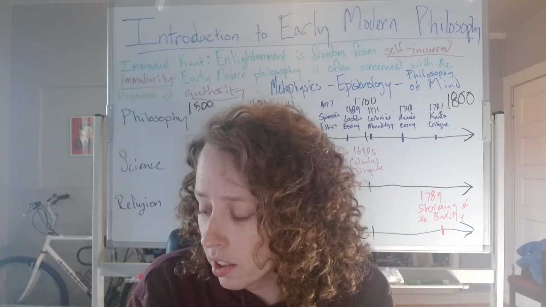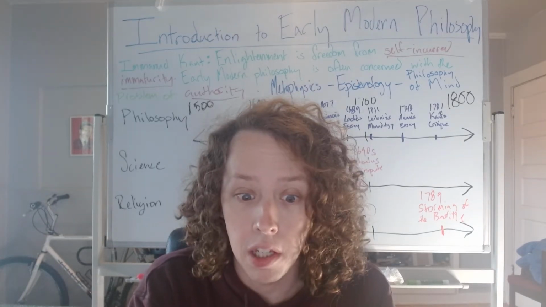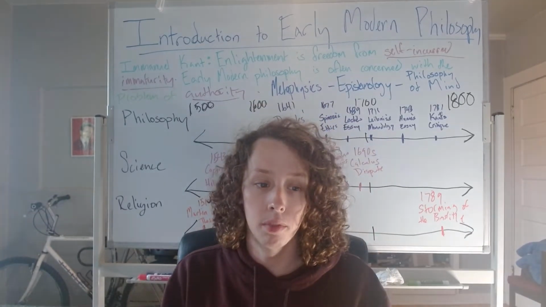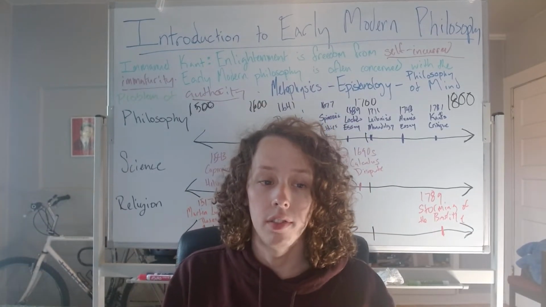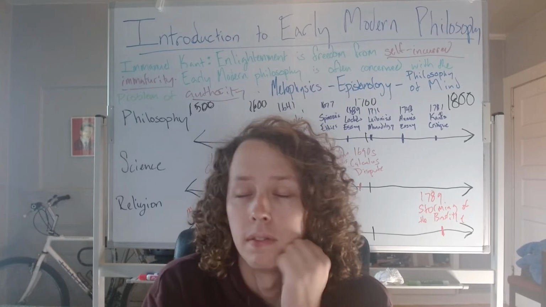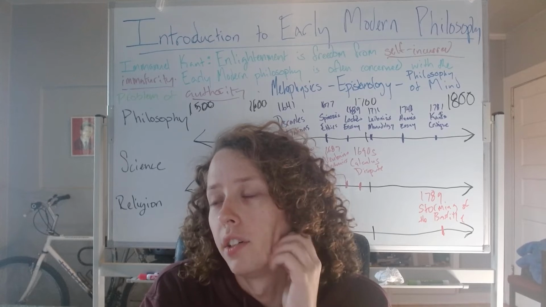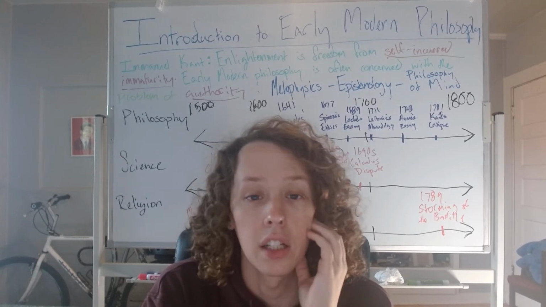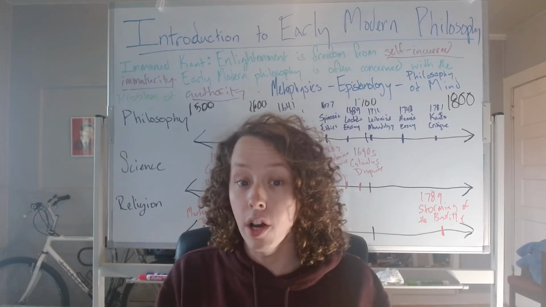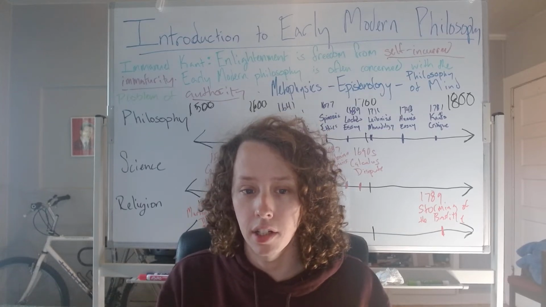And in it, Kant claims in the very beginning of his piece, what is enlightenment? He says that enlightenment is freedom from one's self-incurred immaturity, right? And this definition is very interesting and very perplexing, right? There are many things that we can note about this definition.